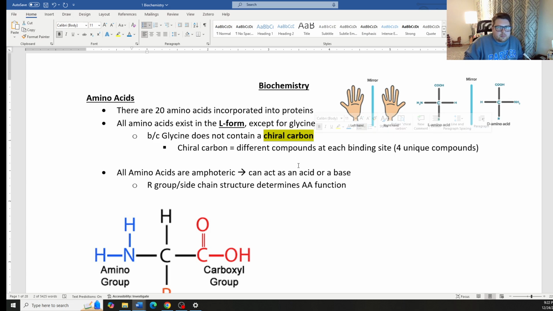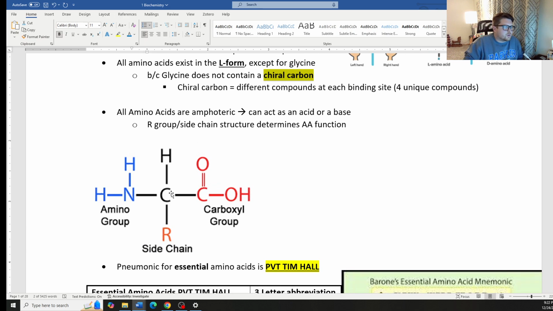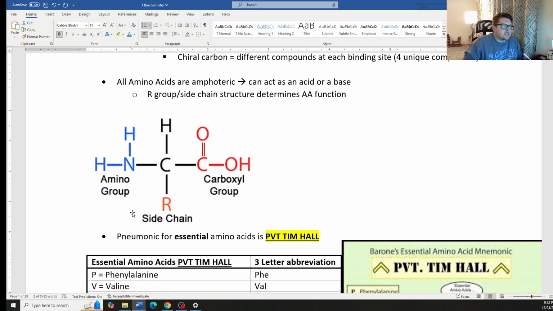As we know, the building blocks of life are carbon, and amino acids have a central carbon. This is what an amino acid general structure looks like. We have a carbon in the center. We have an amino group, which is a nitrogen and either 2 or occasionally 3 hydrogens. We have a carboxyl group, which is a carbon with 2 oxygens as well as hydrogen.